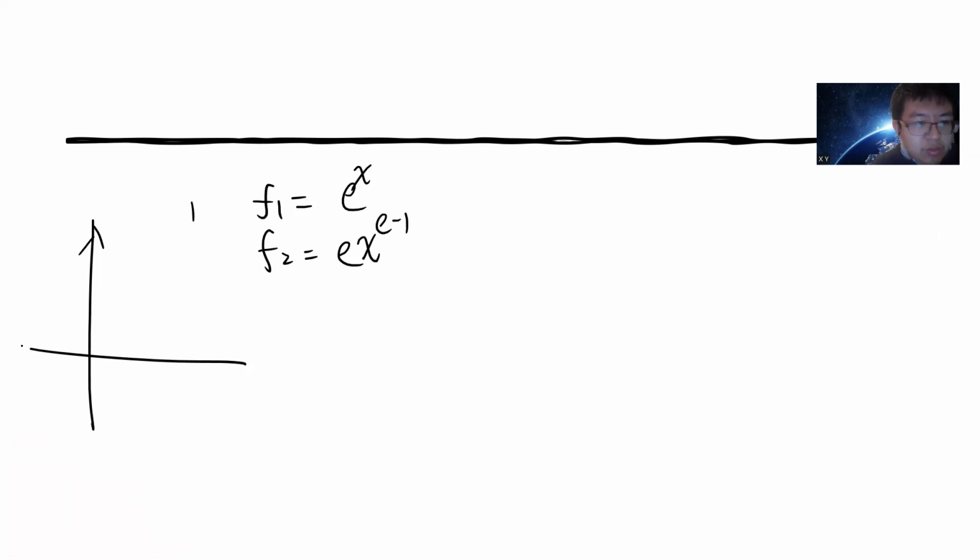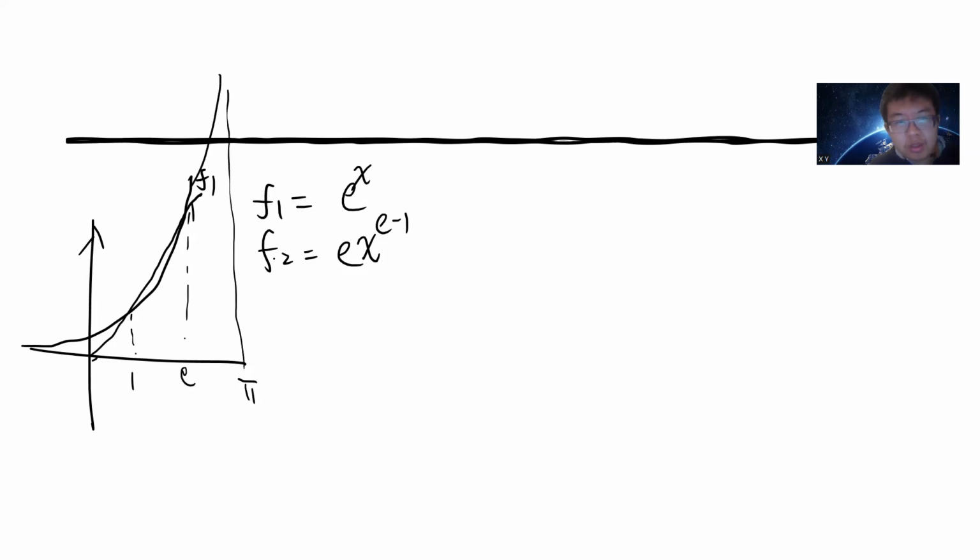This is f1, and this is f2. Obviously this will be 1, this is e. Where's pi? Pi is here. So this tells you that f prime is greater than 0 when x is greater than pi, that is, greater than e.